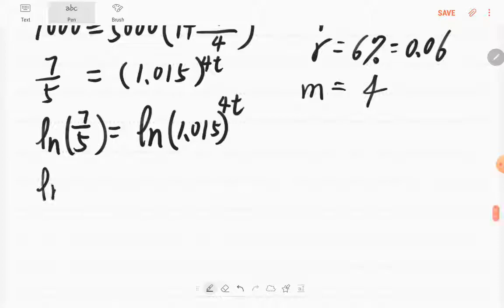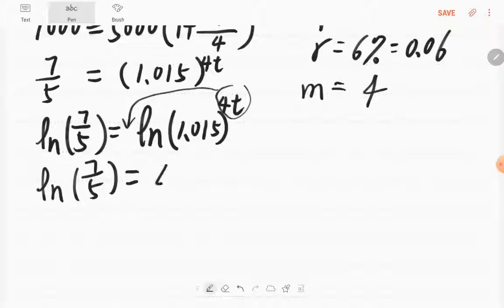So this would be natural log of 7 over 5, or 1.4. This is the power, so we can bring it down in front of the natural log. So this is 4 times t times the natural log of 1.015.